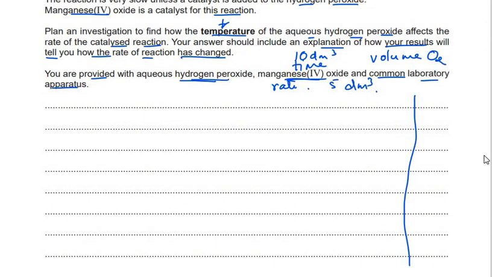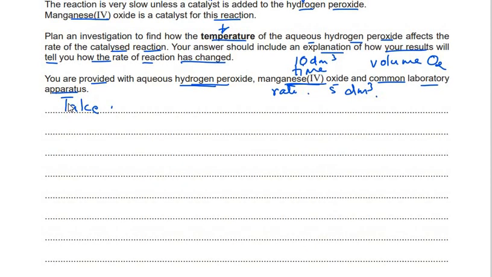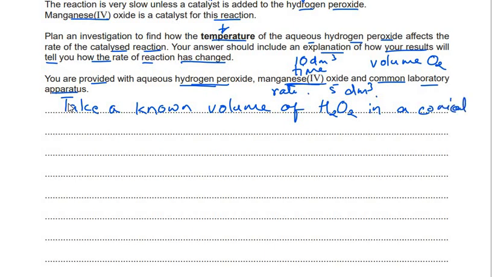So what we can do, let me rub out this line, and now let's plan out. What we are going to do is take a known volume of hydrogen peroxide in a conical flask.